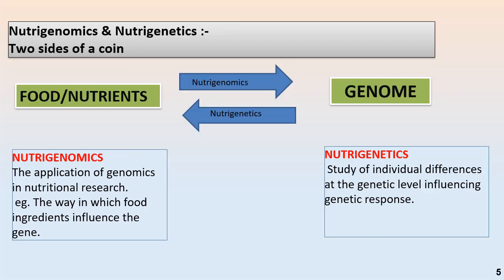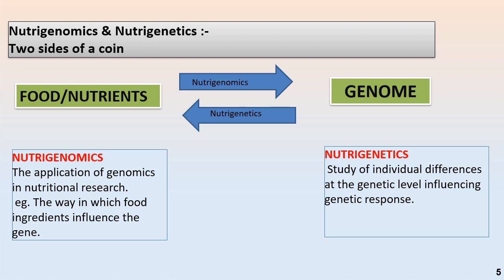So basically there are two terms, nutrigenomics and nutrigenetics. Both are just like two sides of a coin, and how the food nutrient and the genome interact with the food, both terms can be explained. So what is nutrigenomics?